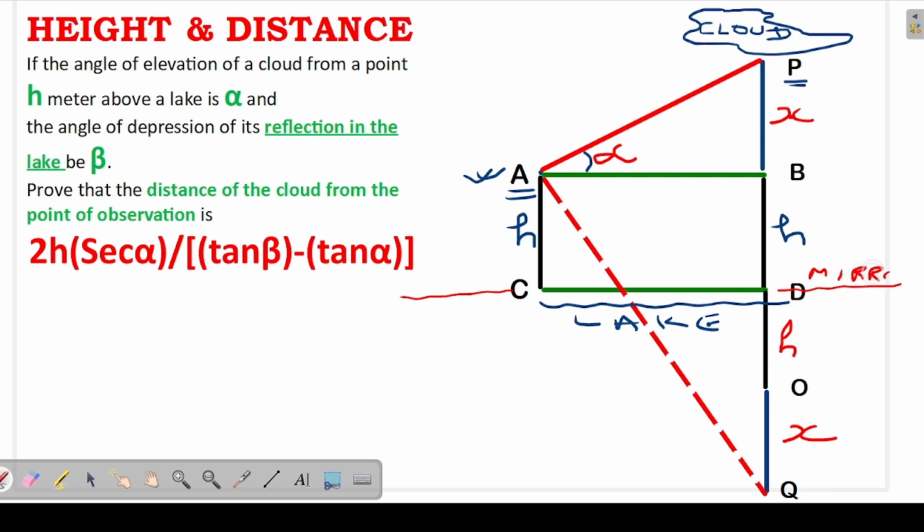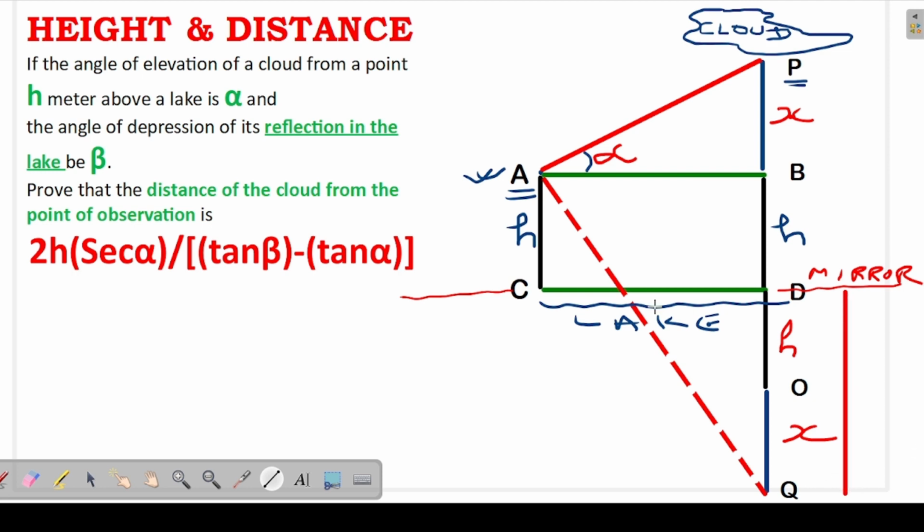We learned in physics the distance of the object from the mirror in front of it will be equal to the distance of the image, which is virtual, behind the surface of the mirror, right?